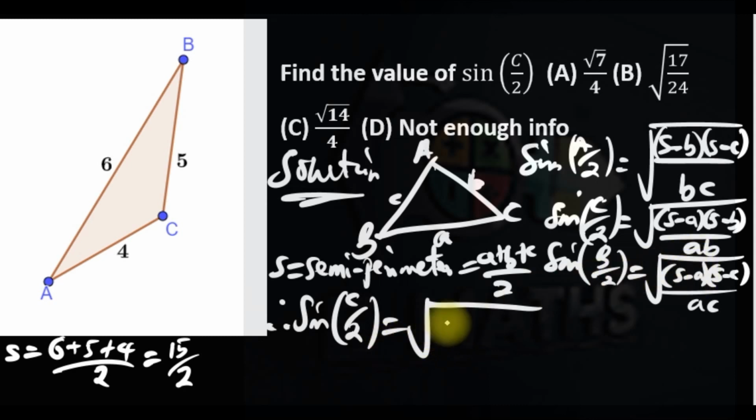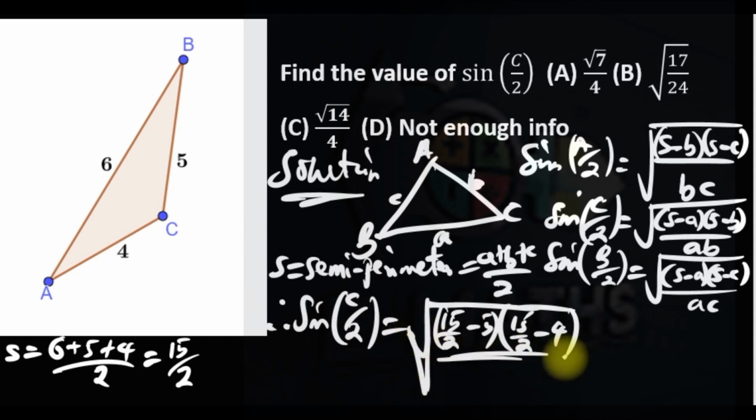So we have 15 over 2. Minus, remember from here C, so minus A is 5, times 15 over 2 minus B is 4. Whatever that will get divided by 5 times 4.